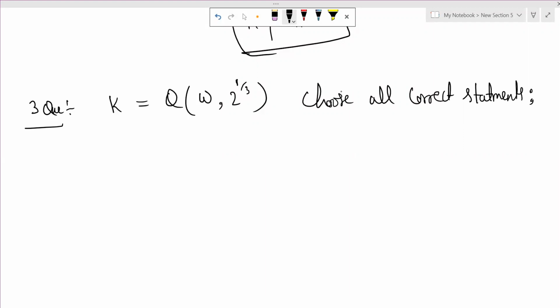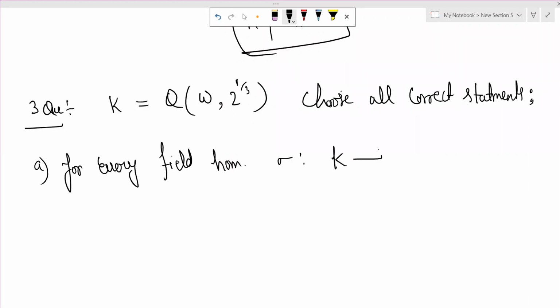For every field homomorphism sigma mapping K to C, we must have sigma K contained in K. Okay, sigma mapping K to C, sorry.